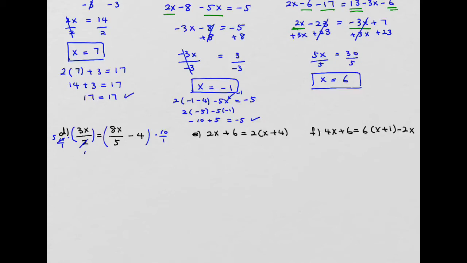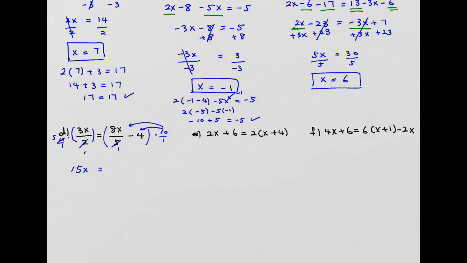So all you have right now on the left side is 5 times 3x, which will give you 15x over 1, which you don't really need to write in fraction form if you have over 1, right? And when you multiply this, you're distributing into two terms. So both terms get multiplied by 10 over 1. And 5 will cancel out 10, give you 2.